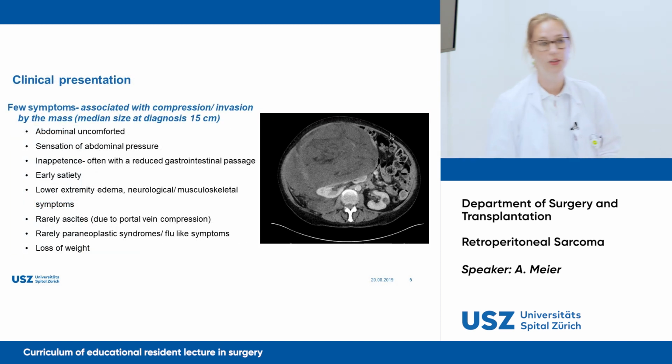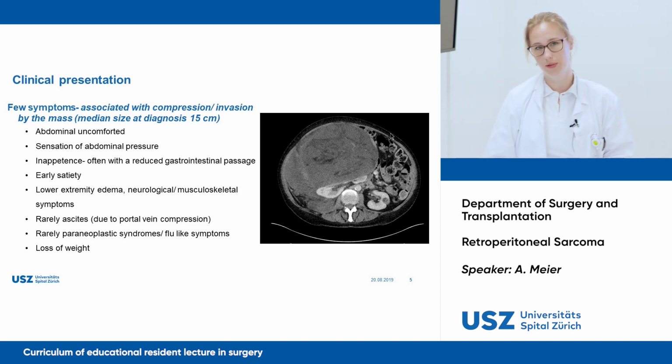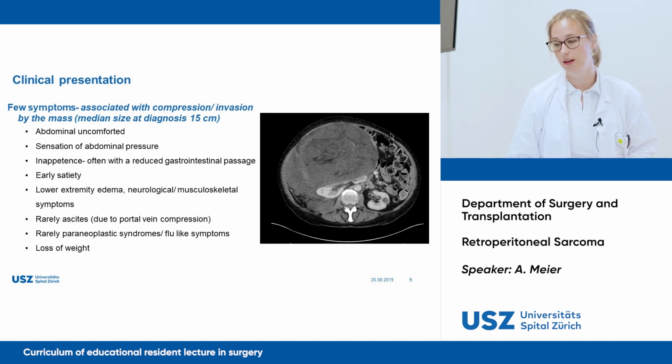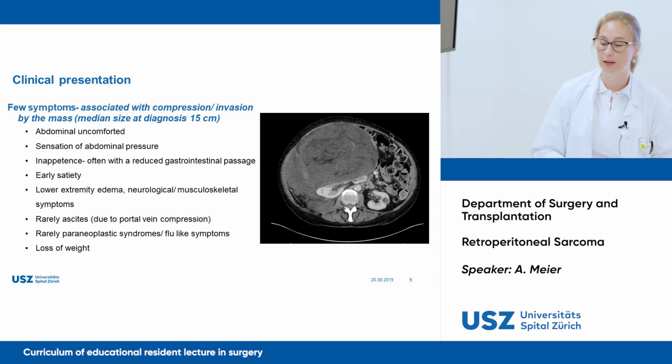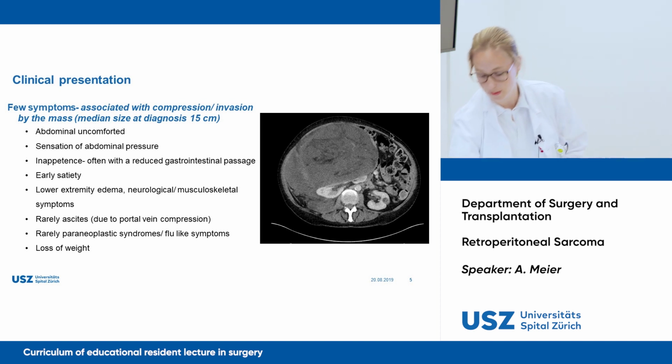When patients present with a retroperitoneal sarcoma, mostly they have few symptoms, and these are associated with compression or invasion by the retroperitoneal mass. The median size at diagnosis is about 15 centimeters.